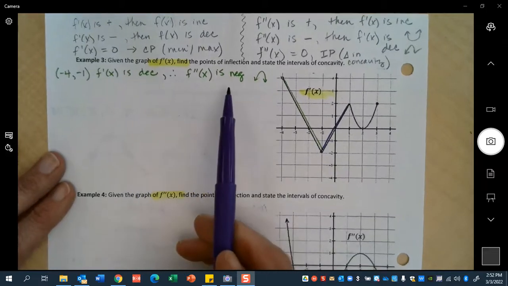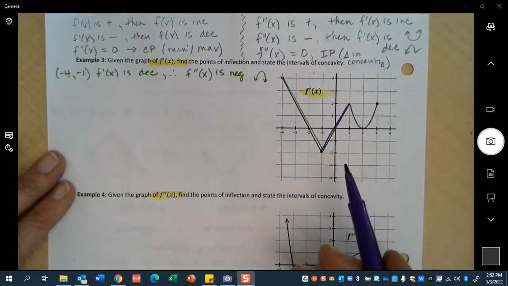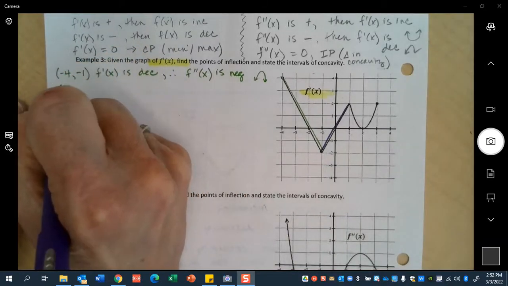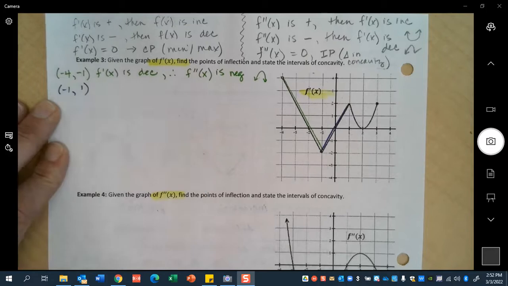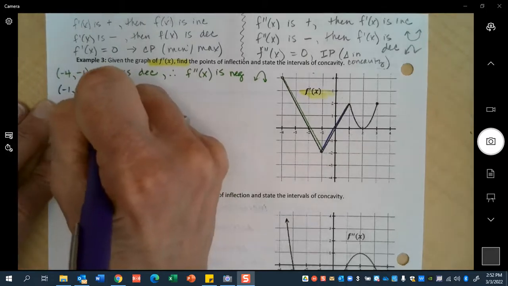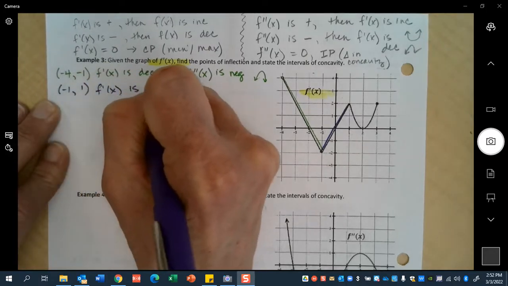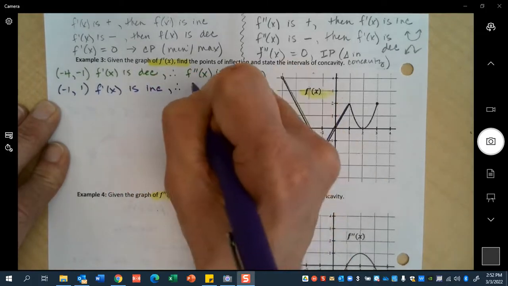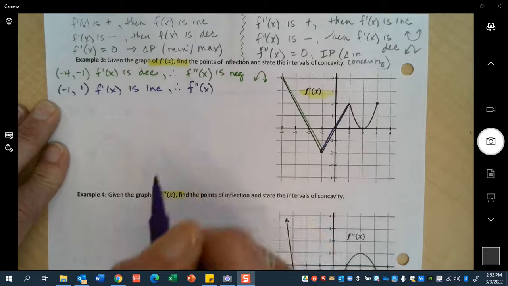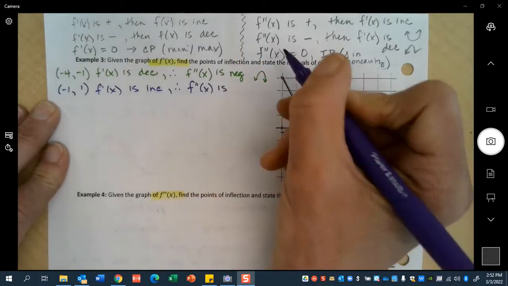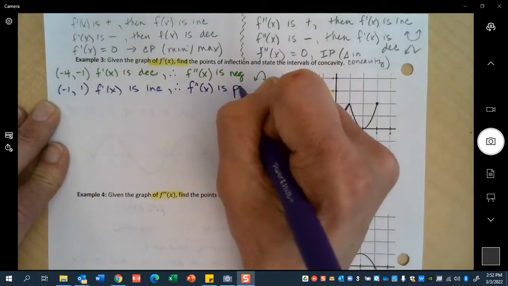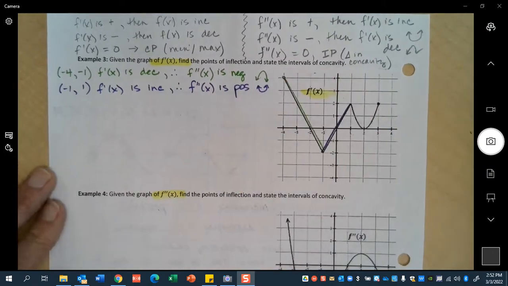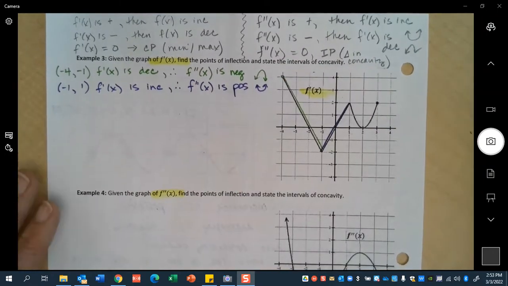But these stories I'm coming up with are about my original function. So from -1 to +1, my derivative graph is increasing. Therefore, my second derivative, the slope of that line, is positive. Therefore, on that interval, it's concave up.